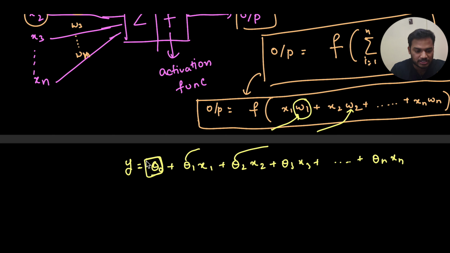That is one difference that we will observe. And the remaining, this is output and this is y, that is just the representation. So you can see that these two are almost the same. The only thing is that this one is passing through some function, whereas this equation is not going through any function, and theta naught is not there.